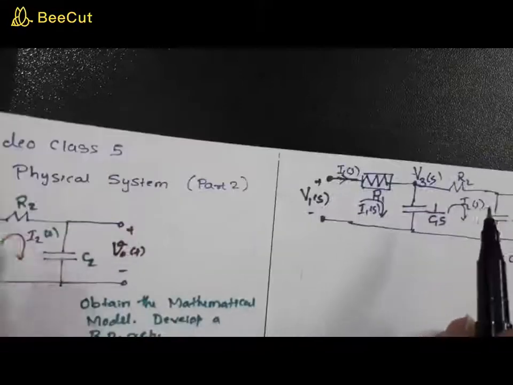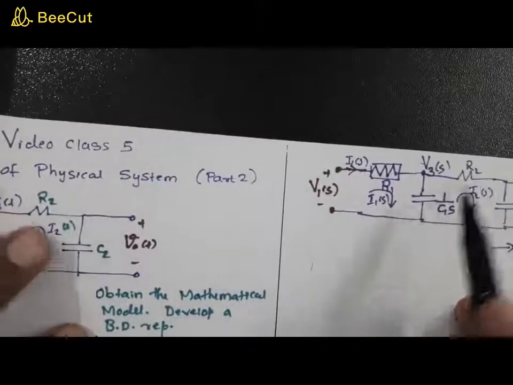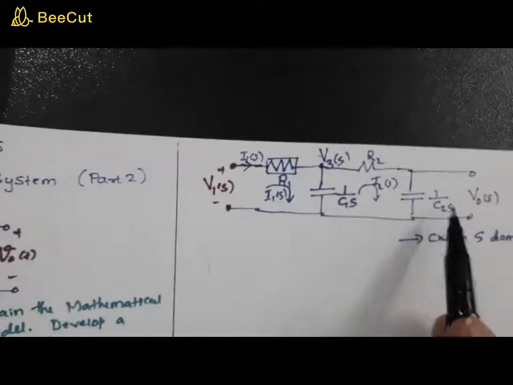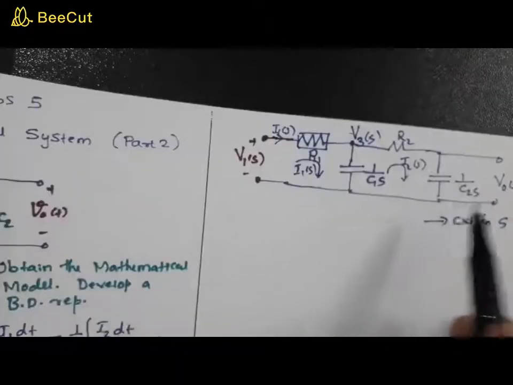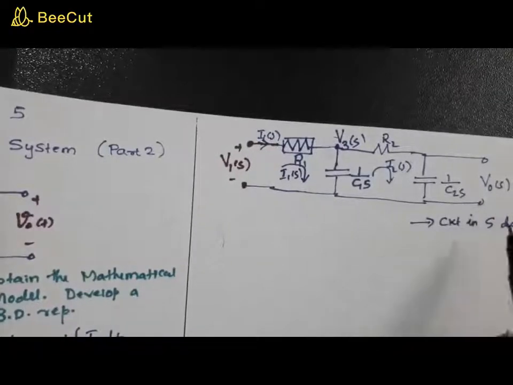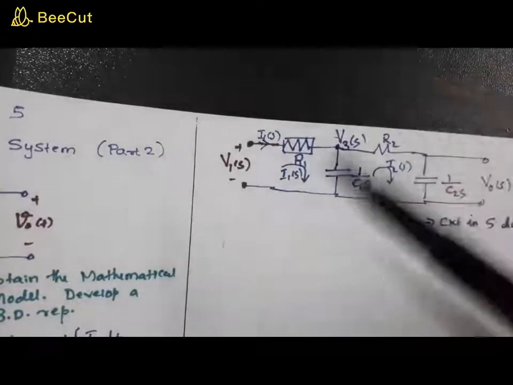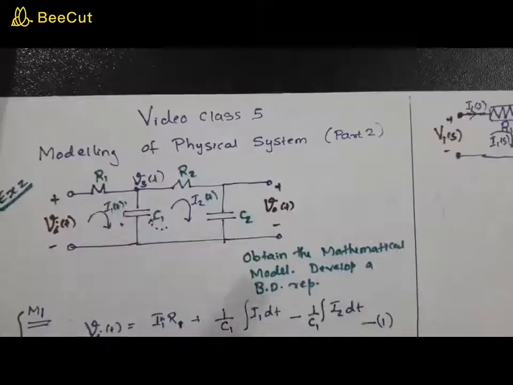Now look at this. This R2 remains the same, but C2 changes to 1 by C2s in the S domain circuit. So this is actually the transformed circuit, or circuit in S domain.